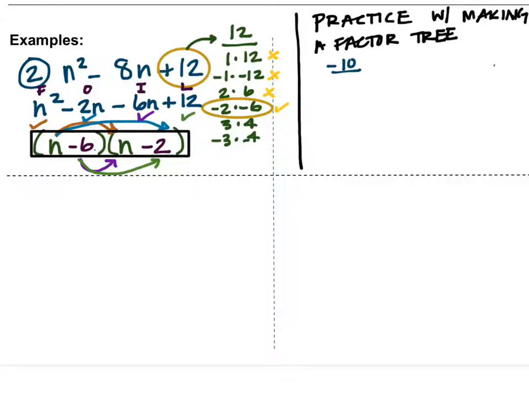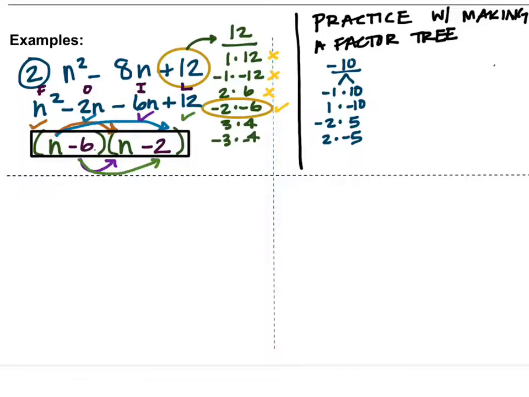Now negative 10 I can multiply by negative 1 and positive 10, or 1 and negative 10. Now I'm not sure I said that correctly, so I'm going to repeat myself. It's that multiplication of negative 1 times 10, or positive 1 times negative 10. I also could multiply by negative 2 times 5, or 2 times negative 5. That would be the factor tree of negative 10.